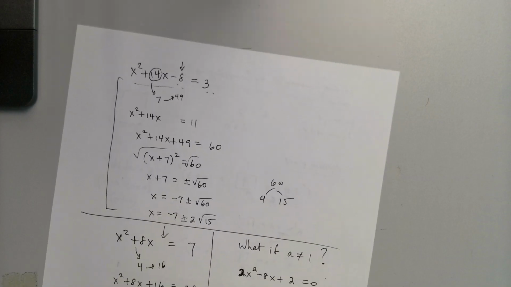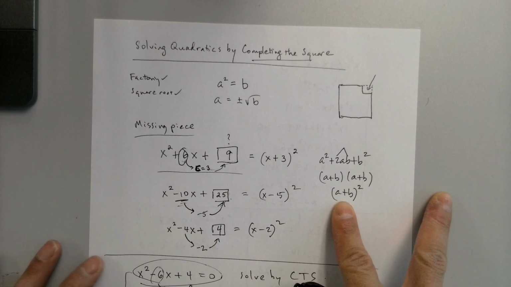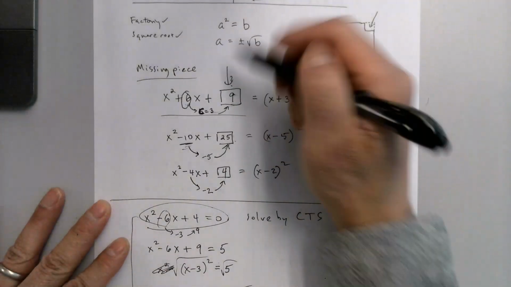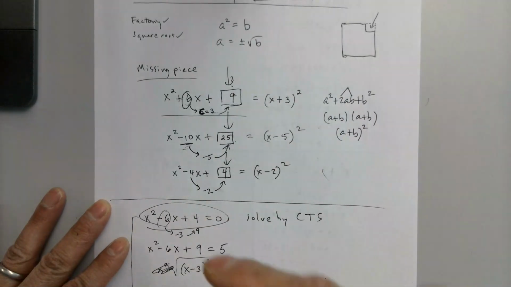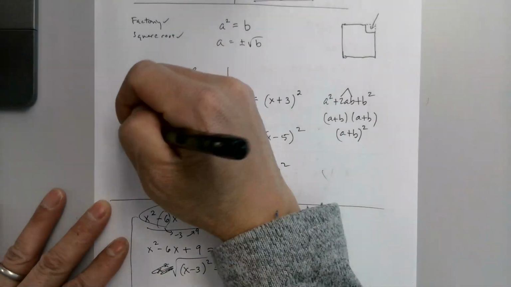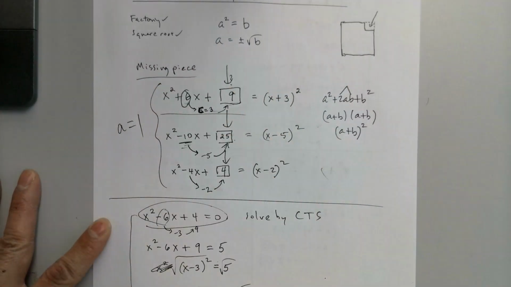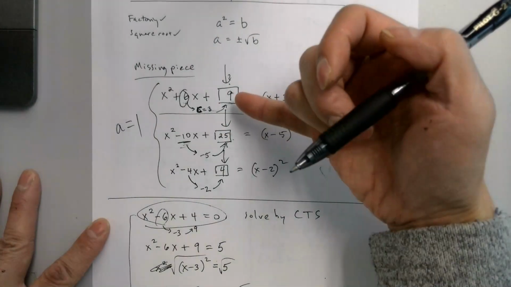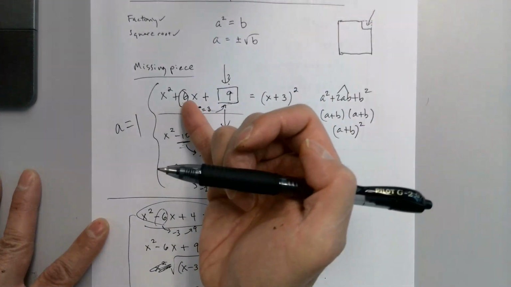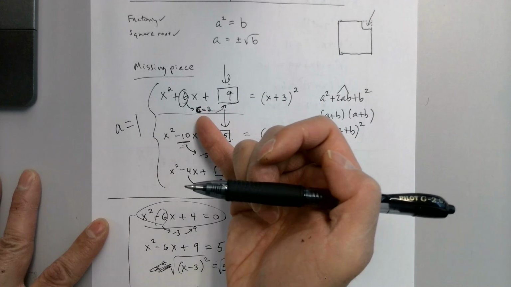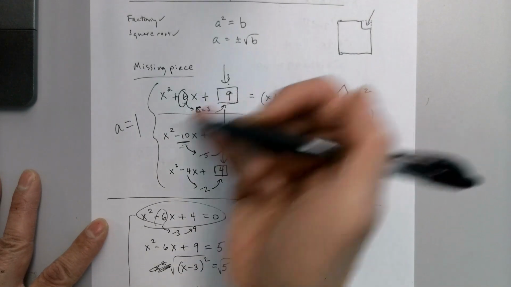What I didn't tell you before is this process of sticking the missing piece in here only works if a equals 1. In all of these, a equals 1. So you are allowed to just worry about b, taking half of it, squaring it, and putting that squared number there. It only works when a is 1.